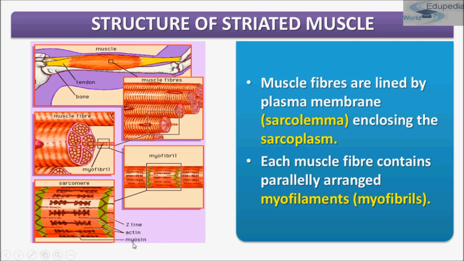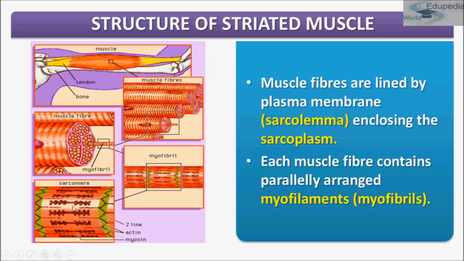The sarcomere is composed of thick filaments and thin filaments, which are the contractile proteins myosin and actin. The thin filaments, meaning actin, are attached to the Z line and extend towards the center of the sarcomere.